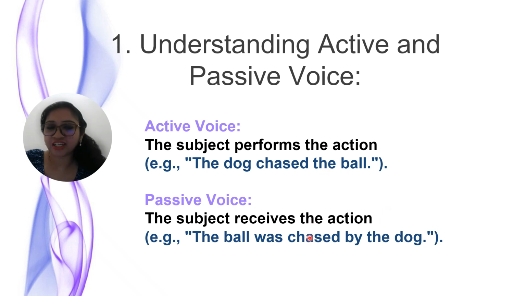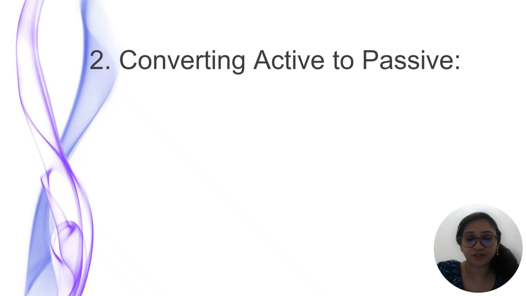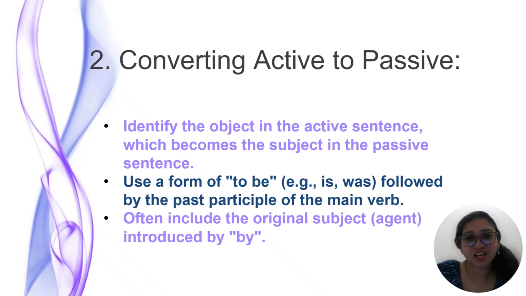So it's pretty easy to observe this strategy when you are paraphrasing, but you have to make sure that you don't lose the meaning in context. So, when you are converting from active to passive voice, make sure you identify the object in the active sentence, which becomes the subject in the passive sentence.